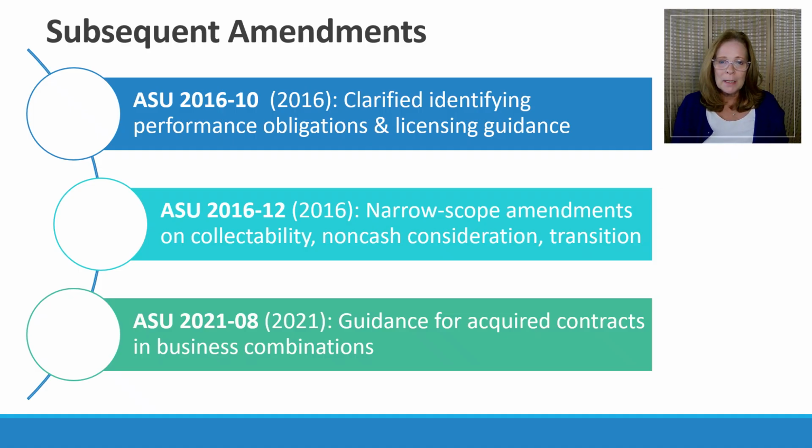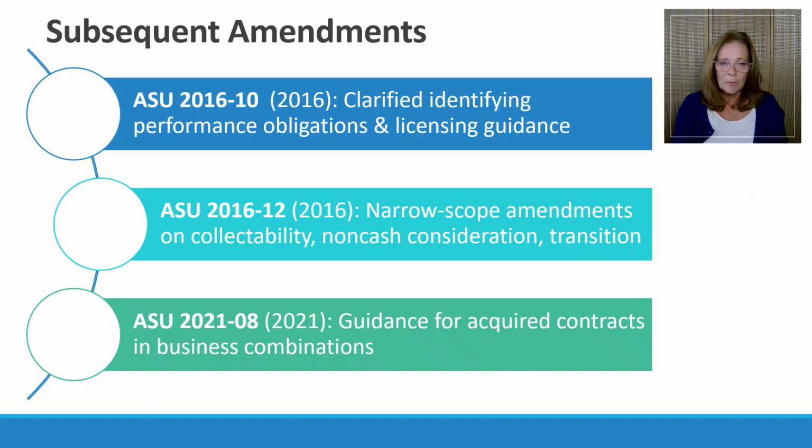ASU 2016-10 addressed that by letting companies ignore immaterial promises, stating that shipping and handling can be treated as fulfillment, tightening the principle of separately identifiable, and clarifying licensing, for instance, to not split sales and usage-based royalties.